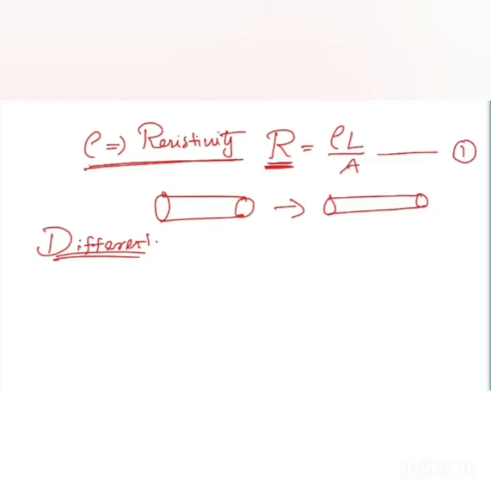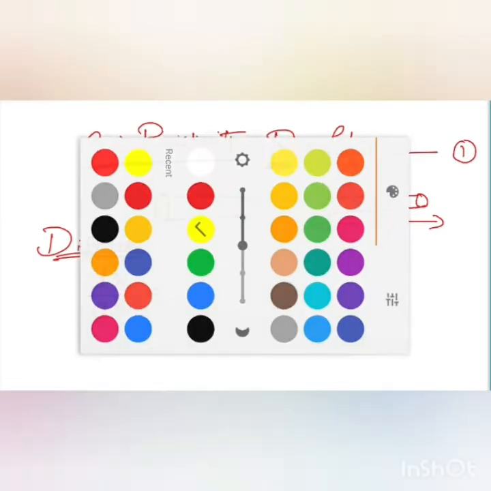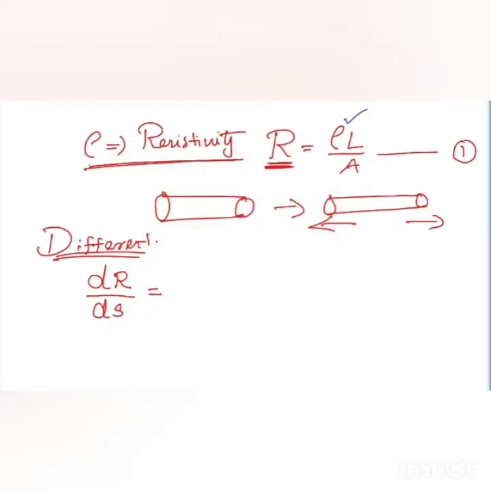Now I'm going to take differentiation of this equation. All these are individual constants and variables, so I'm going to consider them individually, and take the differentiation with respect to strain. Strain is the force that pulled the tube. dR by dS is equal to, first I consider rho.